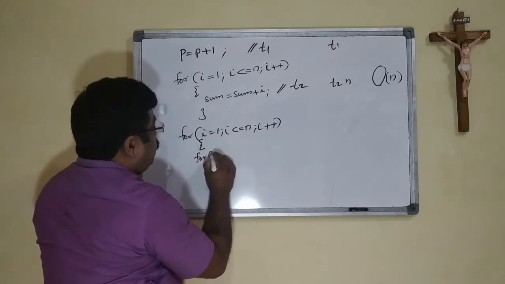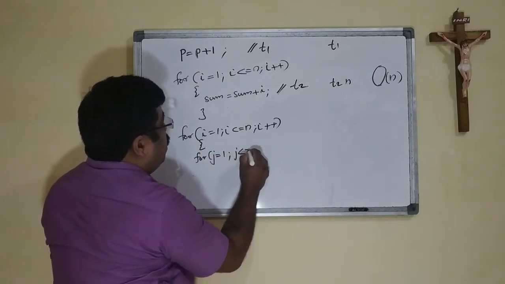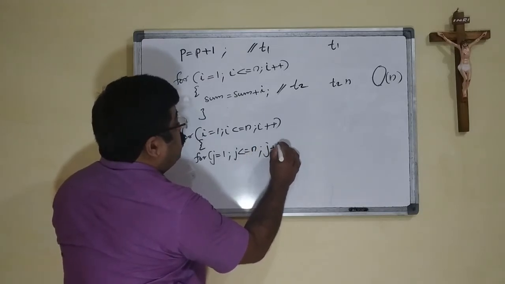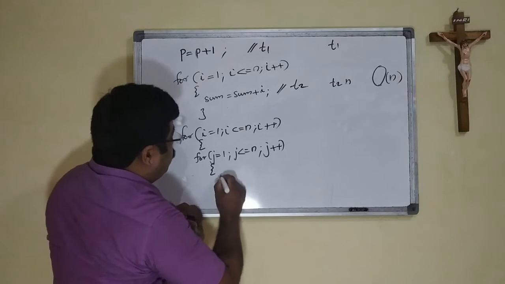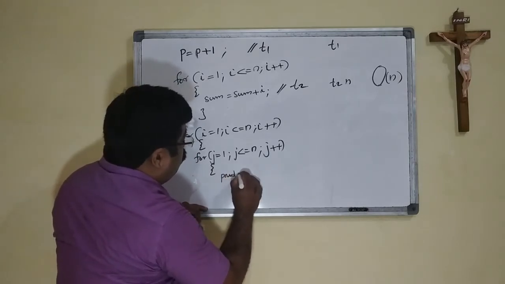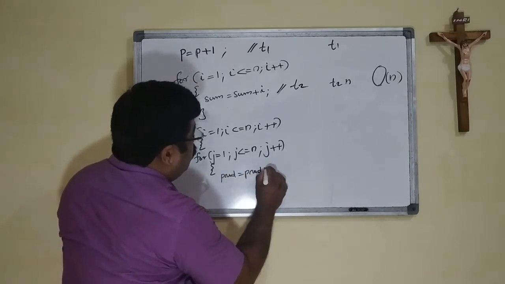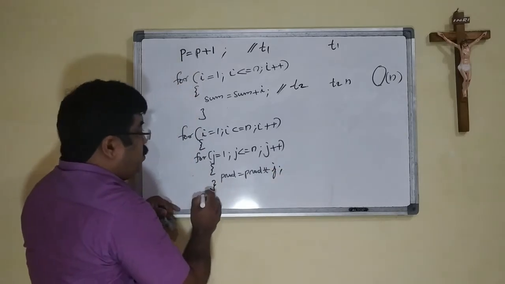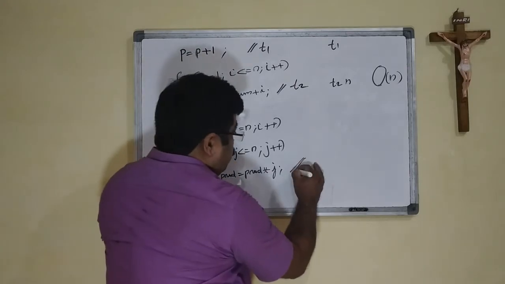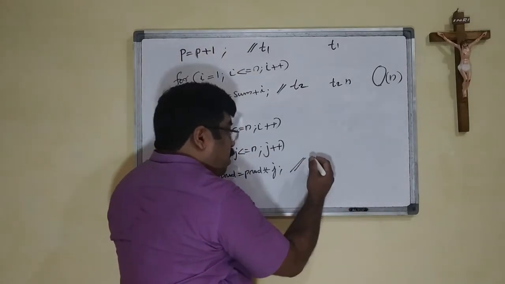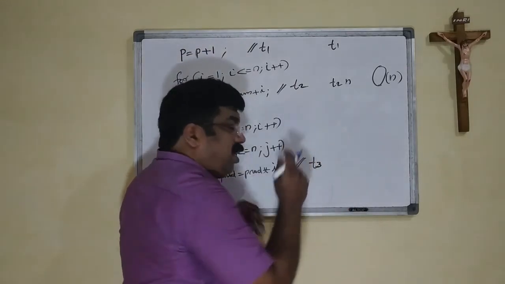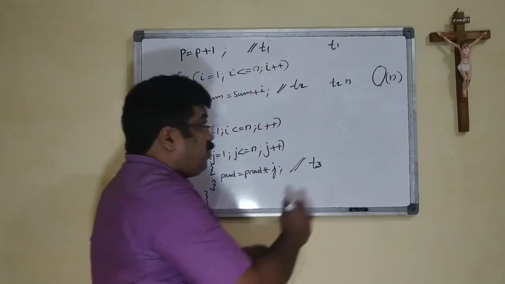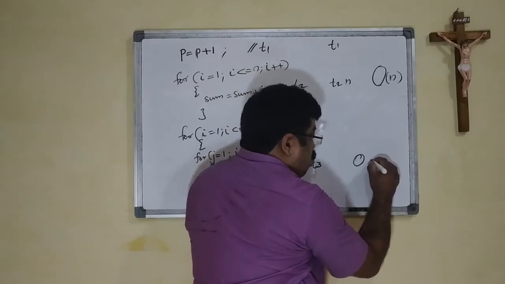For j equal to 1, j less than or equal to n, j plus plus. We are writing the statement product is equal to product into j, closing brace. This particular one is taking some time, that is t3, and we saw the complexity of the nested loop is O(n square).